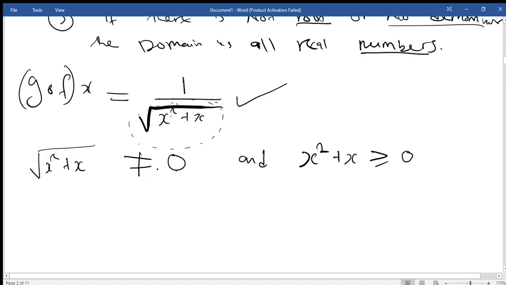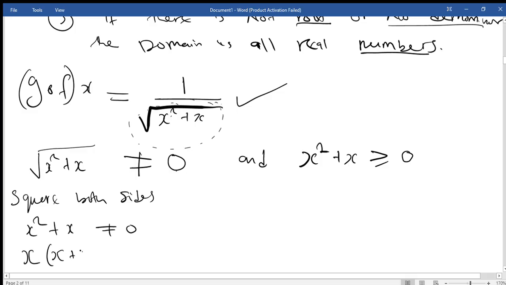If we solve for this, this is a radical equation. If we square both sides, we're just going to have x squared plus x not equal to 0. And this is quadratic, we can factorize: x times x plus 1 should not be equal to what? 0.